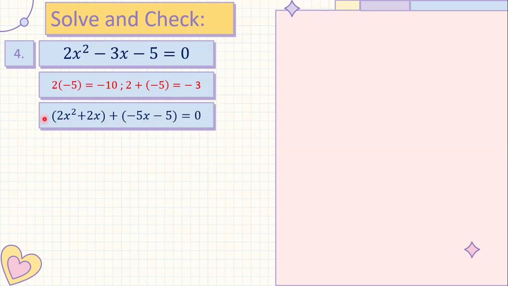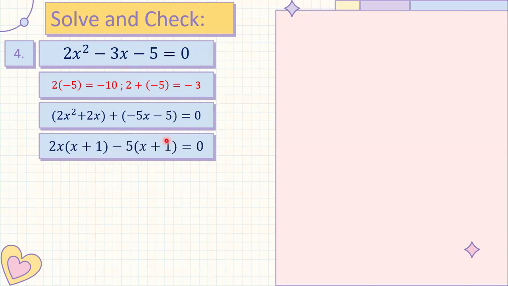So, find the common term of this quantity and this one. So, the common term of this is 2x, and here the common term is 5. So, we write that this way. If 2x is here, for us to obtain 2x squared, kailangan pa natin ng x. So, we have 2x here.